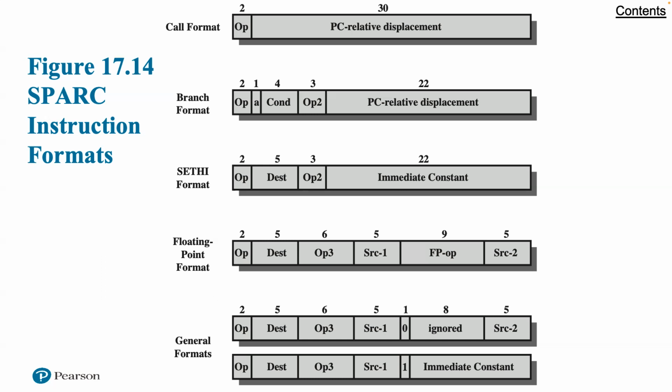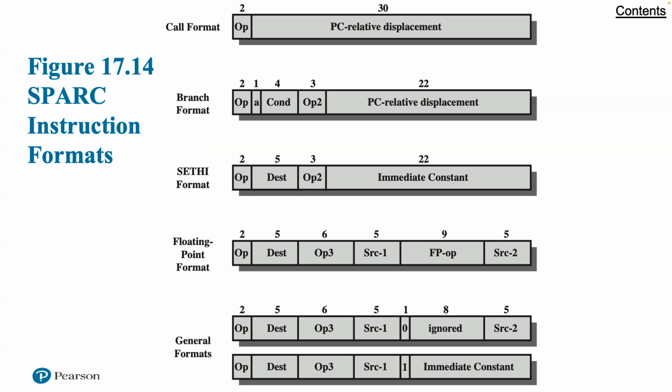An unusual feature of the branch instruction is an annul bit. When the annul bit is not set, the instruction after the branch is always executed, regardless of whether the branch is taken. This is the typical delayed branch operation found on many RISC machines and described in section 17.5.